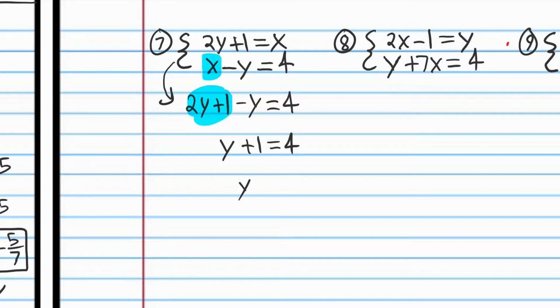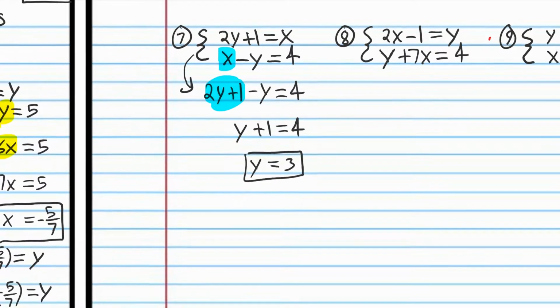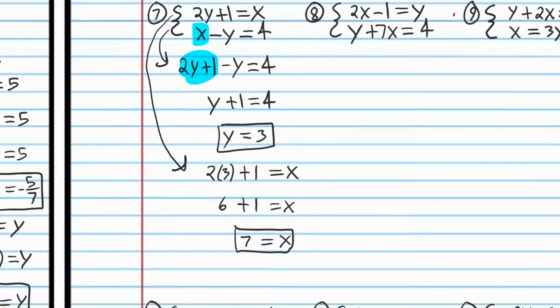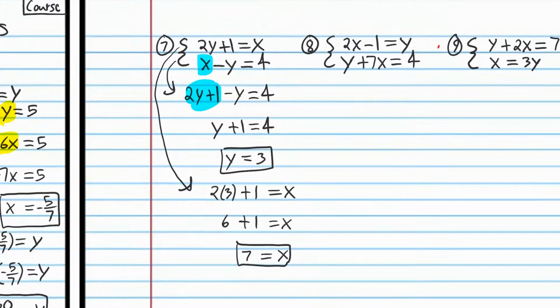And then subtract 1 from both sides, and y is equal to 3. So now we go to the equation where x is solved for and plug in y. We know y is 3. We just figured that out. And 3 times 2 is 6. So therefore x is equal to 7. So if you got 7 for x and 3 for y, good job.